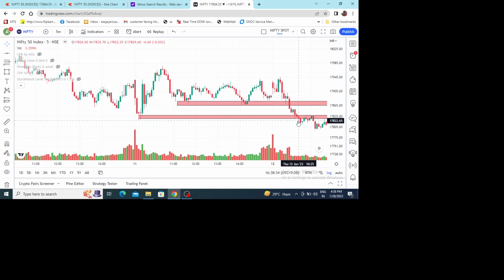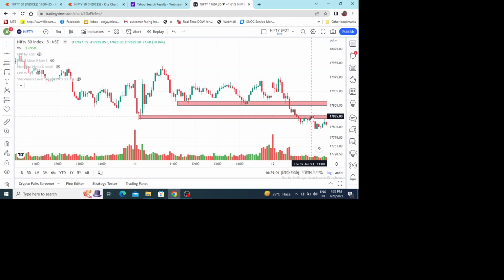So here also you can initiate a trade, keeping the stop loss at the high over here. What I'm saying is you can initiate a trade at the close of this candle, nearly at the 17,826 level, and keep the stop loss above this red candle. An 11 point stop loss, and you can go for a trade.